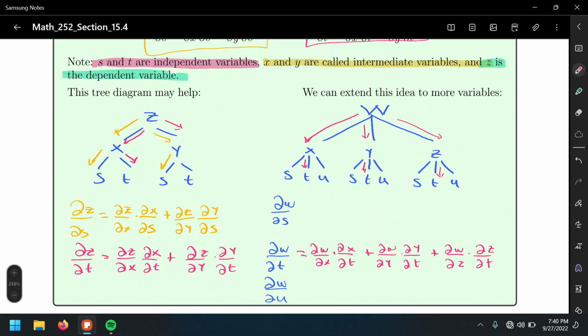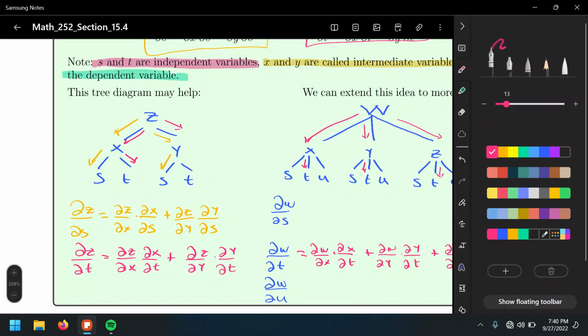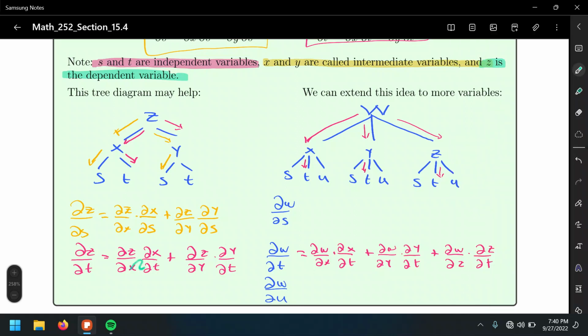All right. Ultimately, check this out. I know these expressions look crazy. However, if you notice here, the partial x cancels, the partial y's cancel, leaving us with partial w with respect to t.